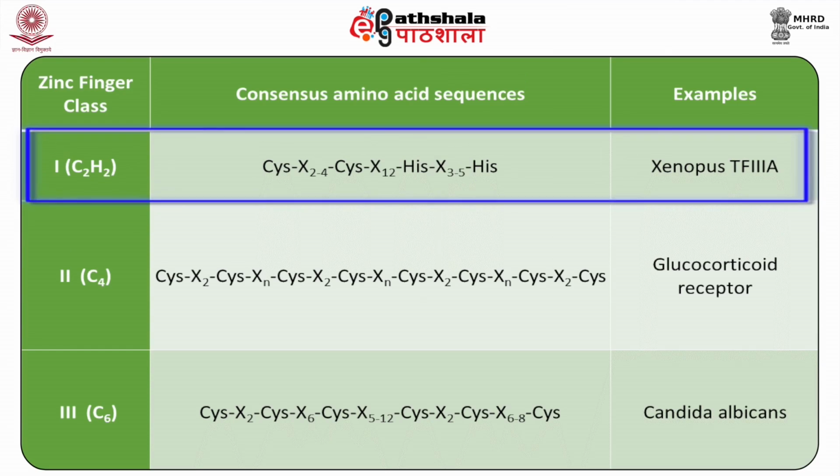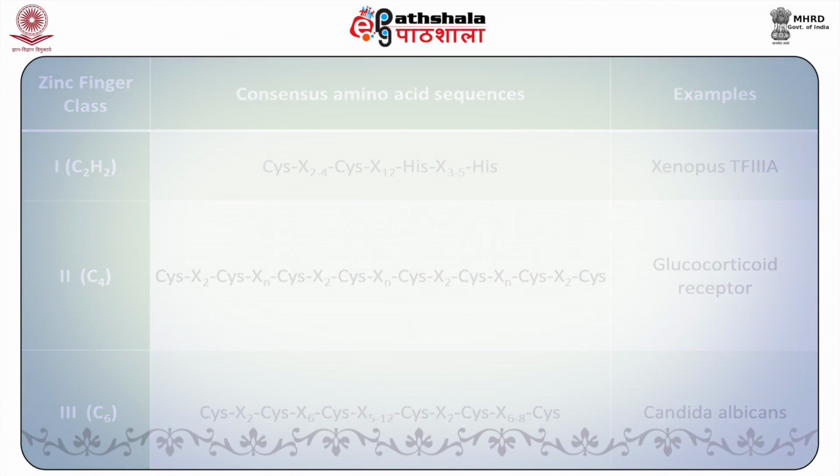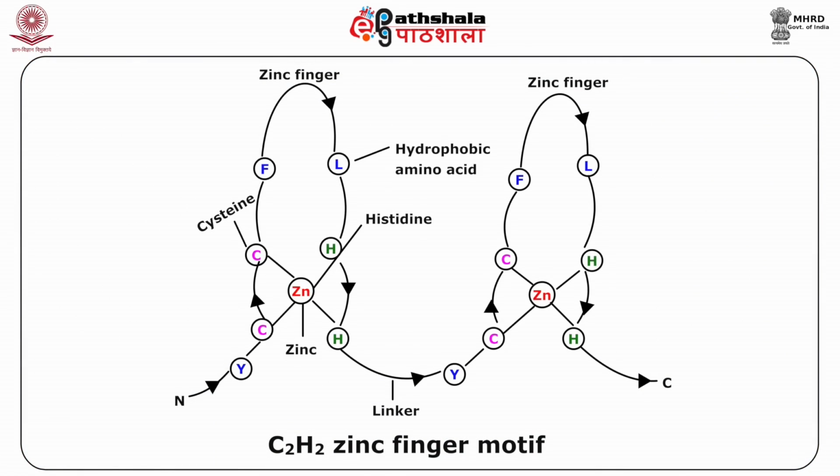It is described as cysteine, x2 to 4, cysteine, x12, histidine, x3 to 5, histidine, where X is a variable amino acid. The two cysteine residues and two histidine residues are tetrahedrally coordinated to zinc as shown in the figure.